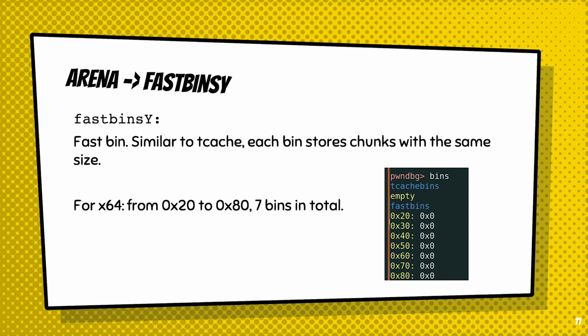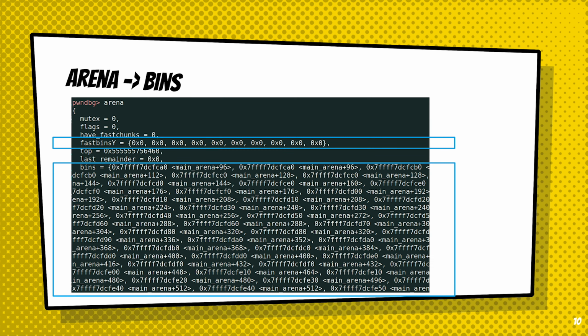For x64, fast bins are composed of 7 bins from the size of hex 20 to hex 80. So there are only 7 bins in total, which is different from tcache bins. However, if you go back to the arena information, you will find there are actually 10 entries for fast bins.